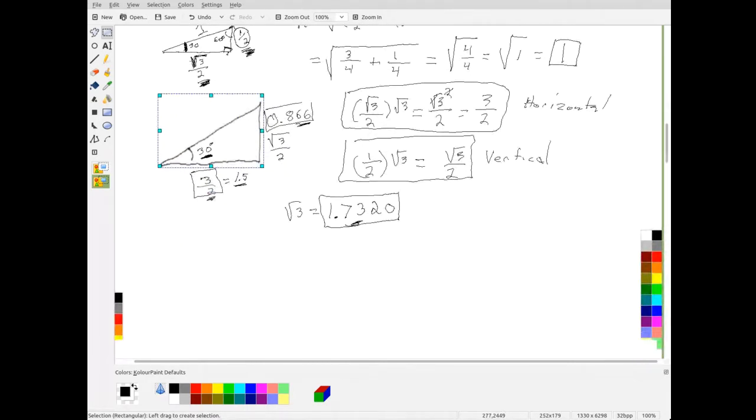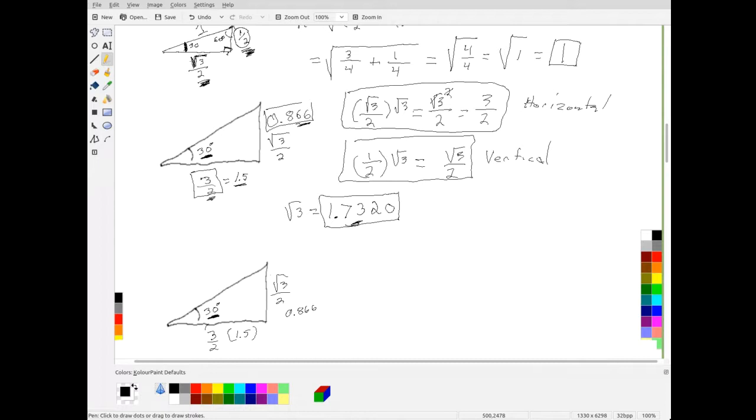All right, so let's look at the hypotenuse. I don't think I ever calculated the hypotenuse for this. So if this is my triangle, I've got 3/2, or 1.5, in this direction, and I've got the square root of 3 over 2 in this direction, which is 0.866 to 3 digits.